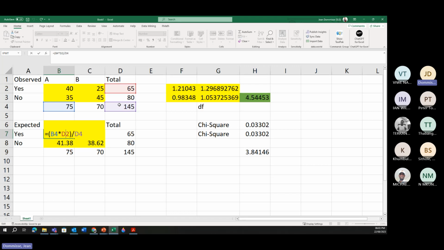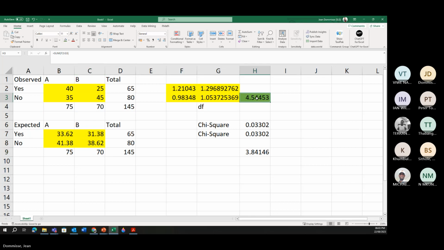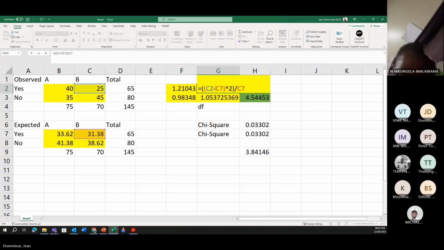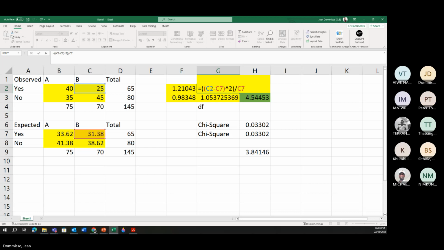That is right, that is right, that is right. That divided. Minus that. And so all the formulas are also right.